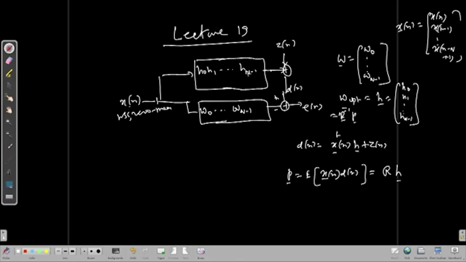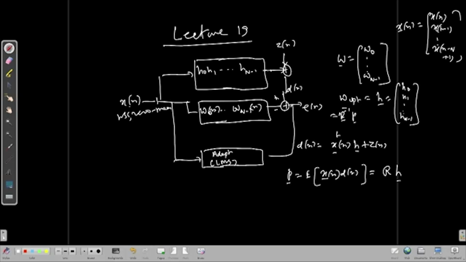In fact, these filter coefficients may be continuously time varying, but in a slow manner. In such cases I cannot go on computing R inverse P at all points of time, so I have to make it adaptive. There will be a function of n, an adaptation part, for example LMS.